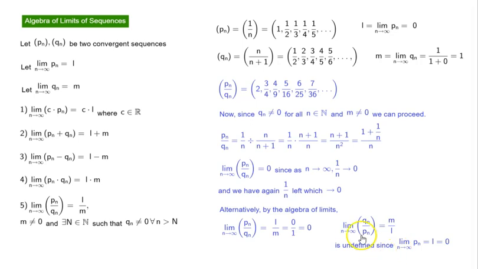See, one of the conditions it is satisfying. What is that? That it is never 0. None of the terms are 0 here. But the limit itself is 0, which is not allowed. Hence, we say it is undefined. So that was algebra of limits.